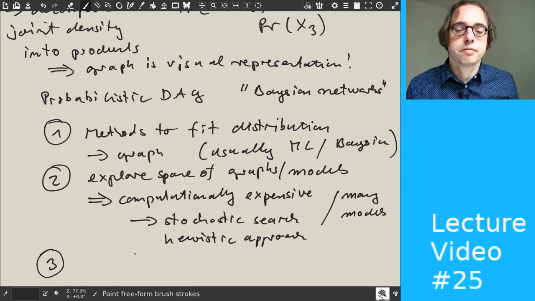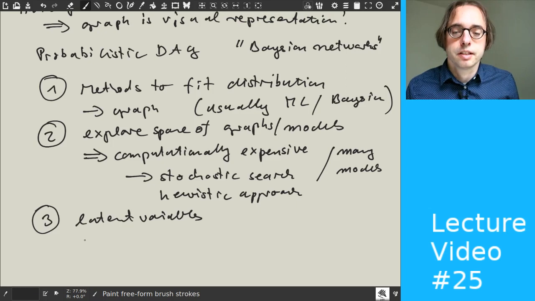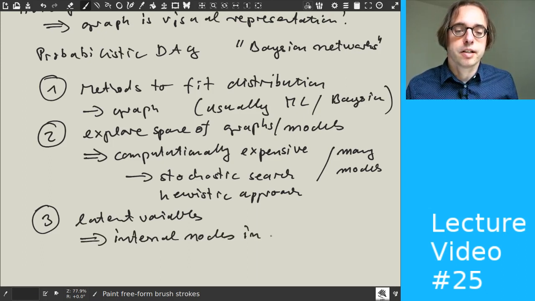And one thing that links with both of these themes is that, for instance, in graphical models we have a lot of latent variables. The latent variables are not directly observed variables, and these typically correspond to internal nodes in the graph.